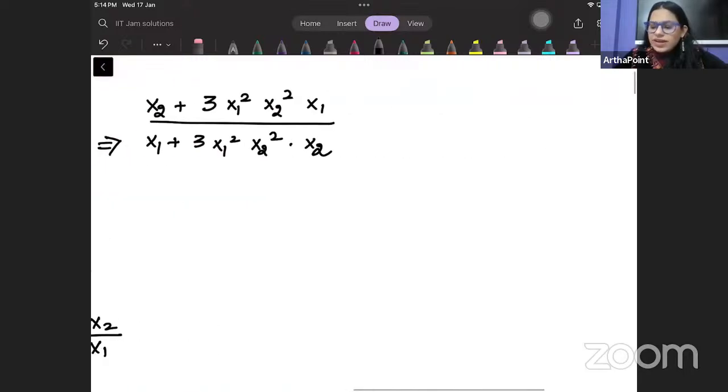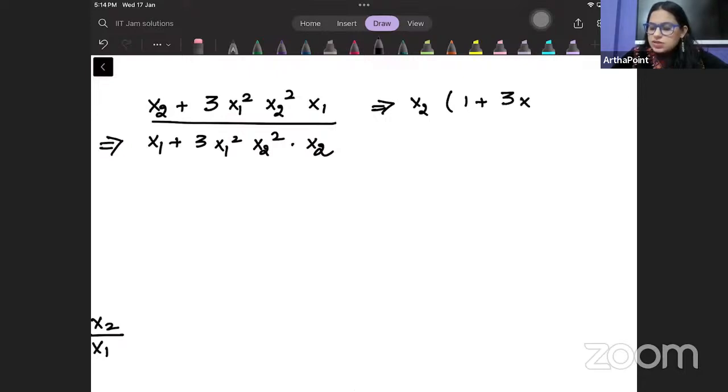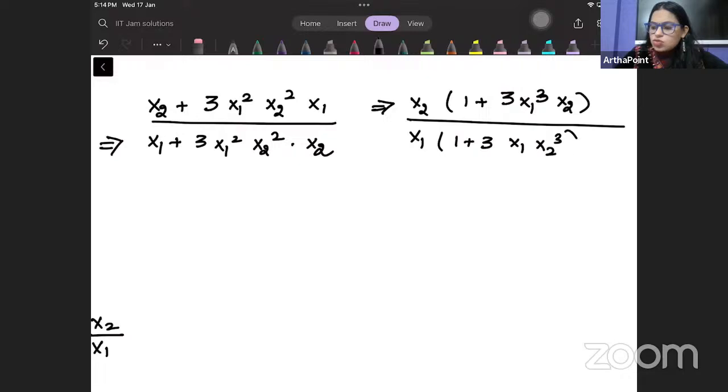If you want, you can definitely take x2 common, but that won't change anything. So it will be 1 plus 3 x1 square, x2. This will simply be x1 cube upon, if I take x1 common, 1 plus 3 x1 into x2 cube. But that won't change anything even if I take common.